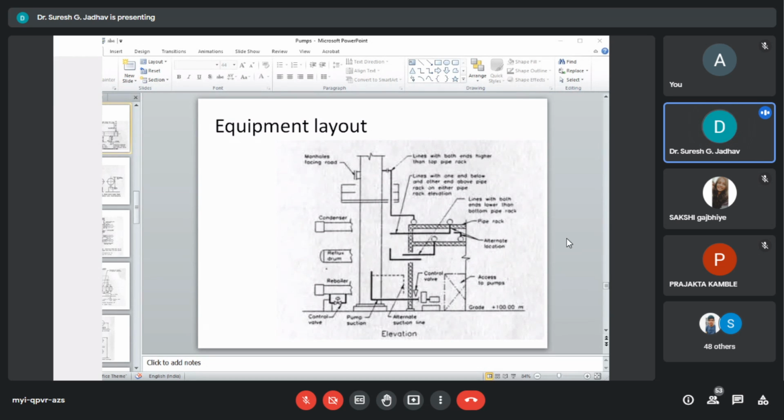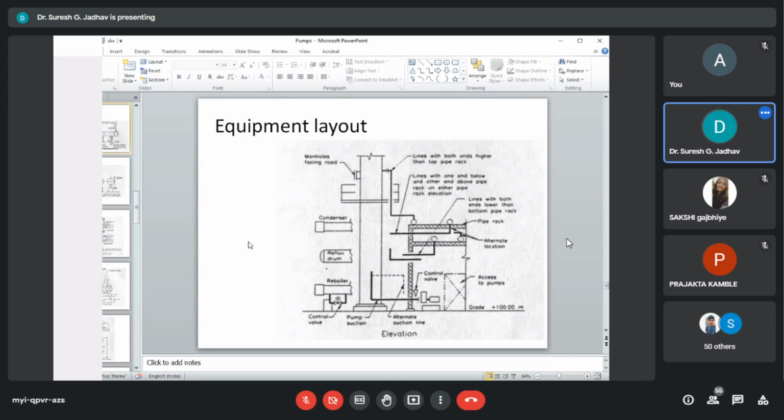The equipment components are located adjacent to each other in a process plant. Now here you see the arrangement of principal elements to integrate into the overall plant layout. So this is the overall plant layout. You can see it through the elevation and plan. So the first sketch is the elevation.